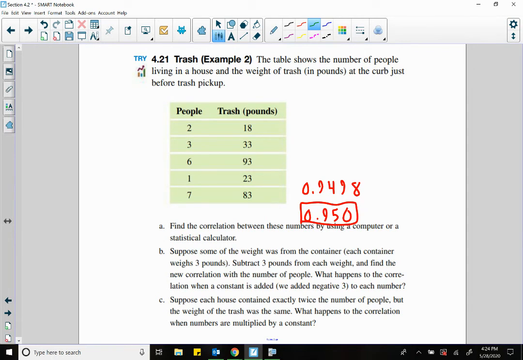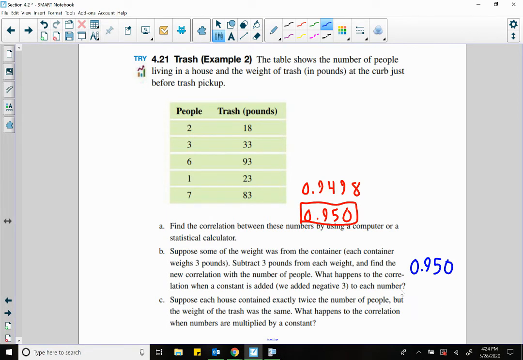Okay, and we're going to subtract 3 from these. But if you remember what I told you a couple minutes ago, if we add or subtract the same number to all of these, does that change the coefficient? No, it doesn't. So what you're going to find out is this thing is still going to be the 0.950.